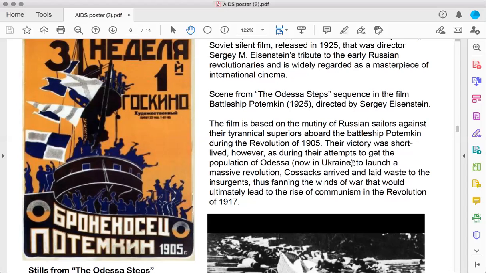Okay, so prior to the rule of Stalin, communism was much more historically utilizing a message of new technology, new ideas, new, in this case, design.